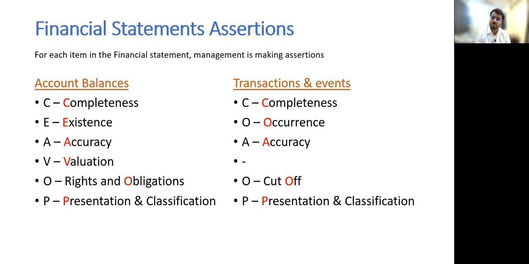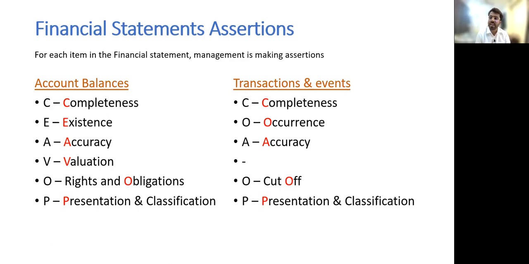Of course, the company should follow that, and the company should follow correct presentation and also the correct classification. What do you mean by classification? For example, your rent of office building, can you classify that as cost of sales?